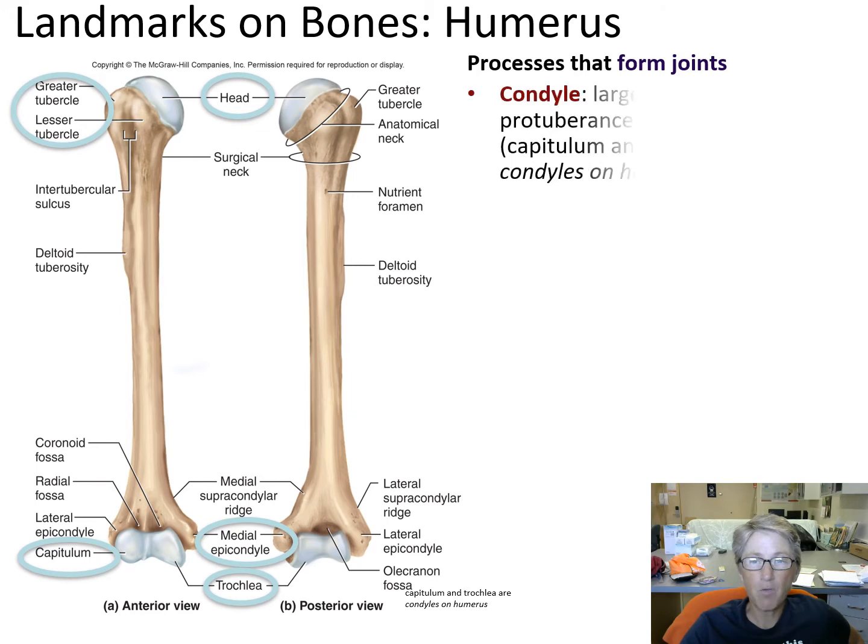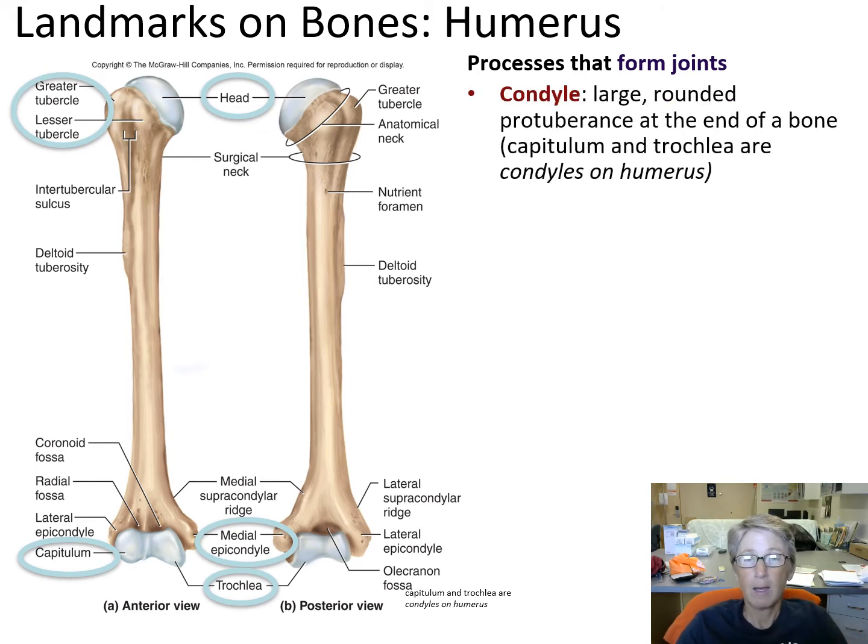So, processes that form joints on the humerus. Again, there's a condyle. This is tricky because the condyles on the humerus are named something else. The condyle on the humerus is still a large rounded protuberance at the end of the bone, at the distal end of the bone. But the capitulum here and the trochlea here are the condyles of the humerus.